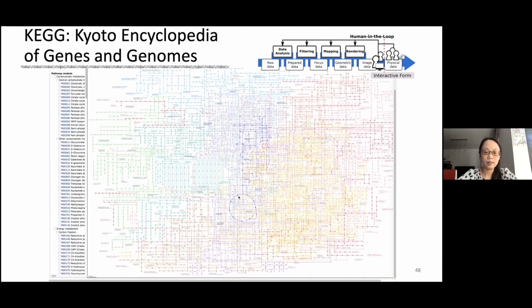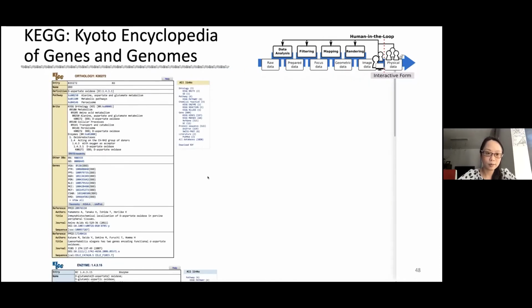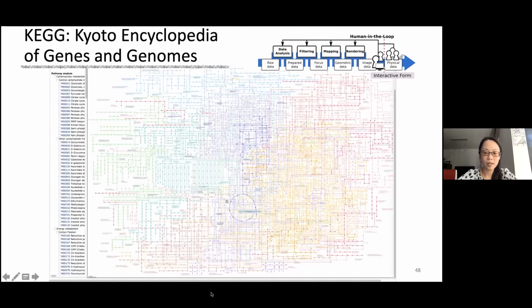And yes, the same for the Cake database. In the Cake database, you can practically select the nodes and check the attribute details, or see the details of the chemical structure.